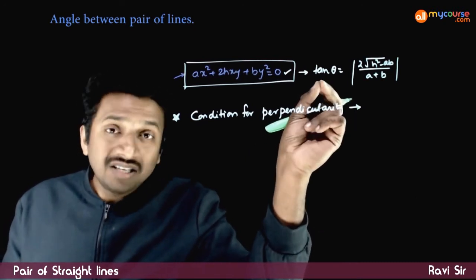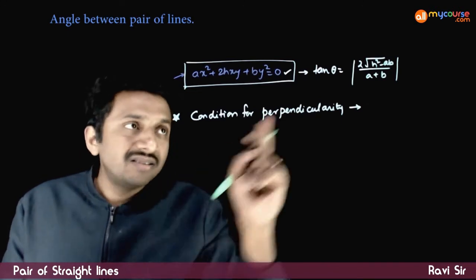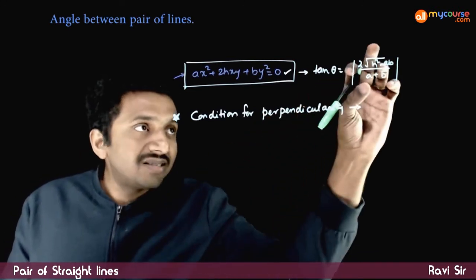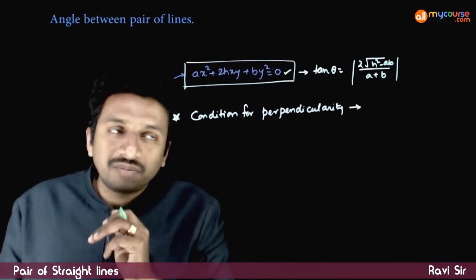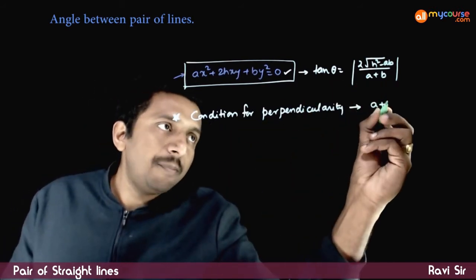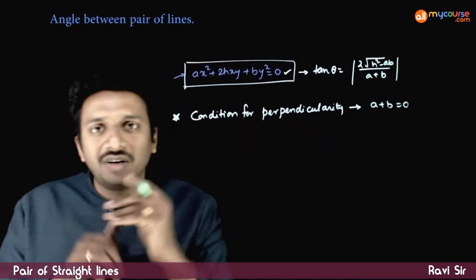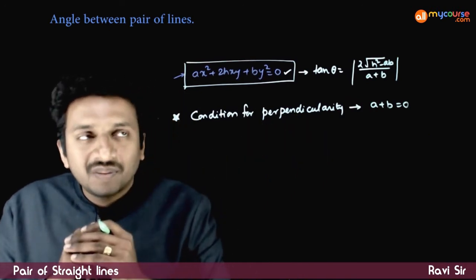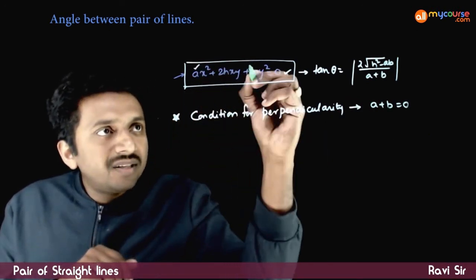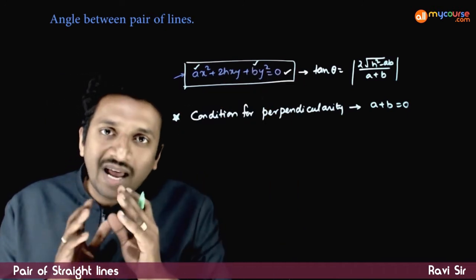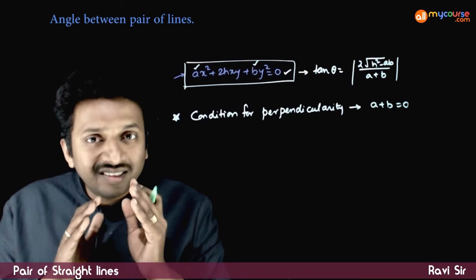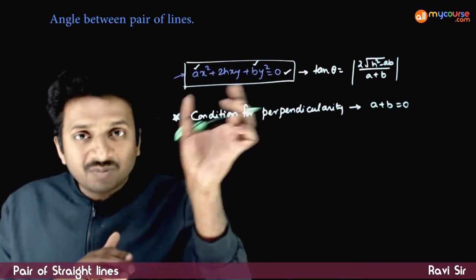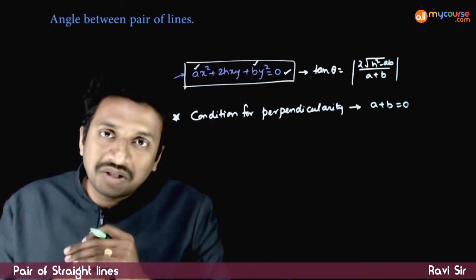So if theta has to be 90 degrees, this has to be undefined. That means the denominator has to be equal to 0. So a plus b has to be equal to 0. If the sum of the x square coefficient and the y square coefficient is equal to 0, then the lines making this pair are perpendicular to each other.